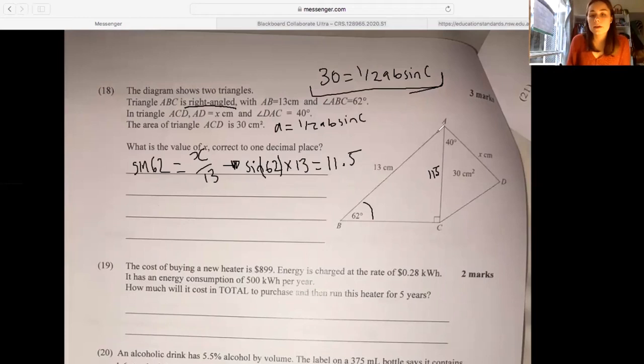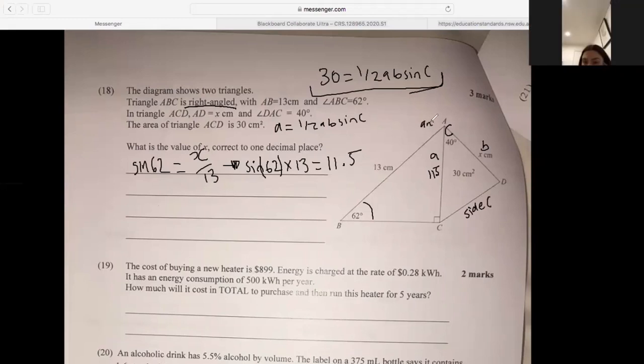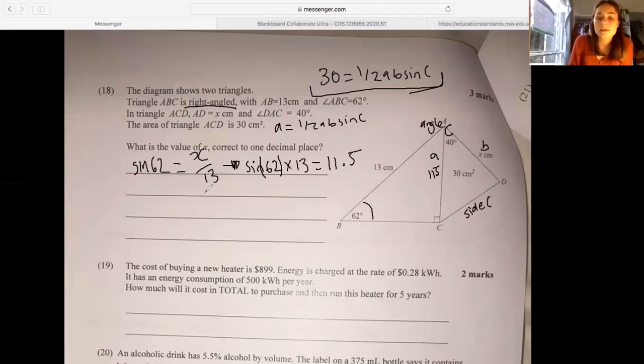So we have a sine C here. We're going to make that sine C. And we have two sides. Let's just label that one A and that one B, because this would be side C, angle C. And so now we can just put it into the formula, the area of the triangle one.